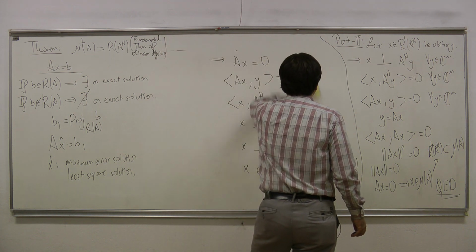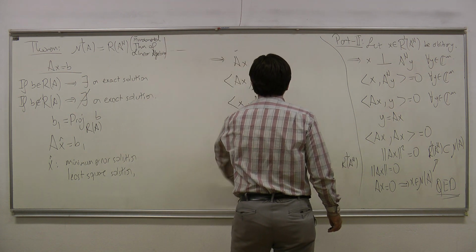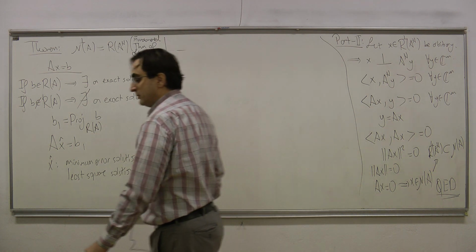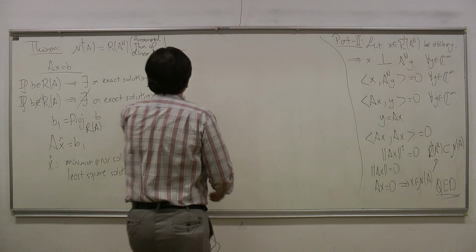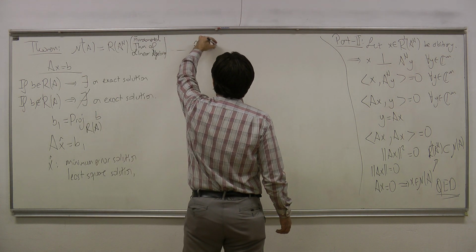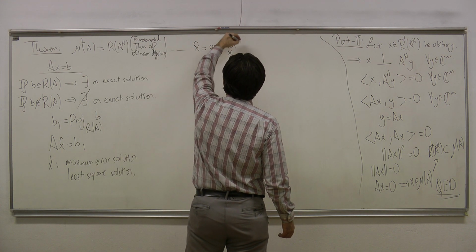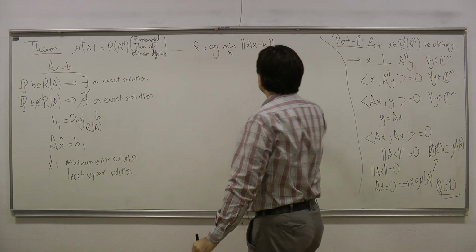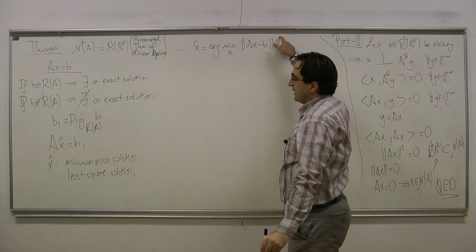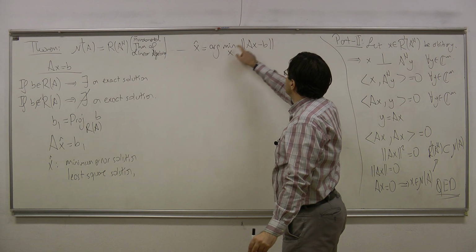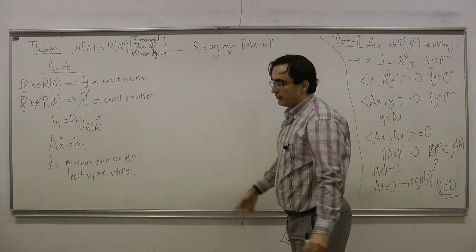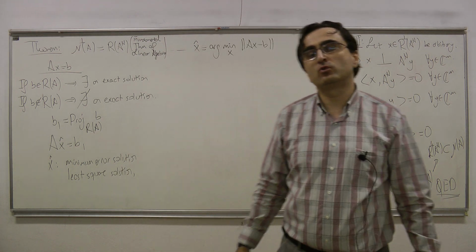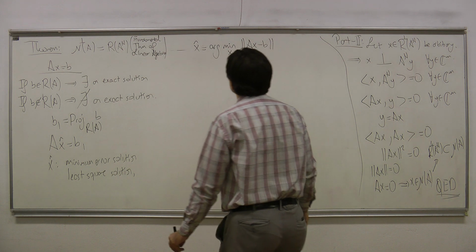Because in order to obtain that solution, we are actually solving implicitly an optimization problem. We know that x hat is nothing but the argument of the minimization with respect to x of the norm of Ax minus b. Here I can put a square, and here I'm minimizing the square of a function, which means the solution is the least square solution.